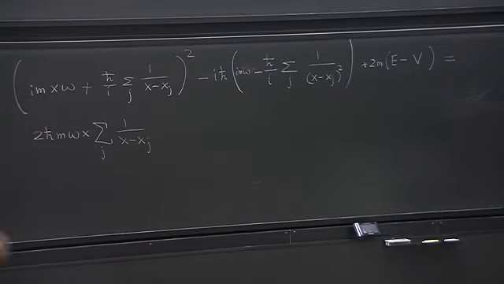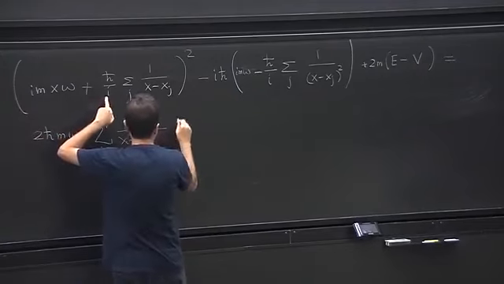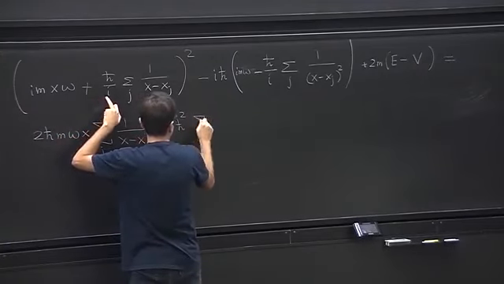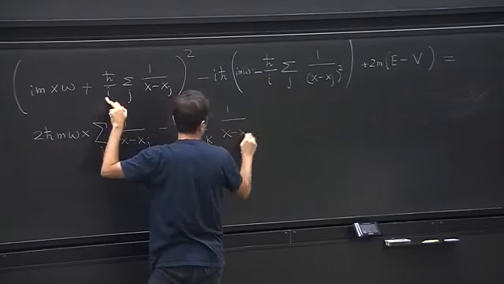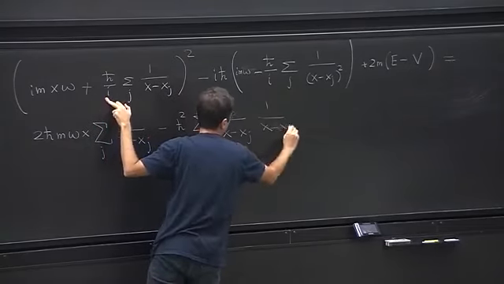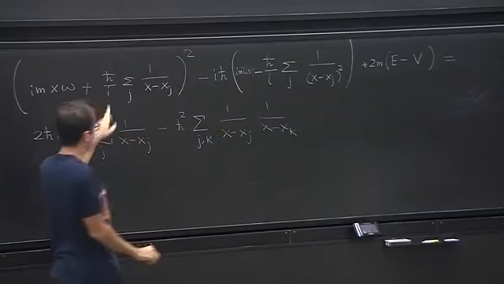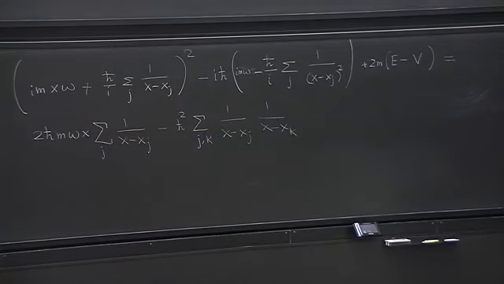Right? And then we get the square of this term, which is minus h bar square sum over j and k 1 over x minus xj 1 over x minus xk. That's the first term, right? It's two sums that I just wrote like this.